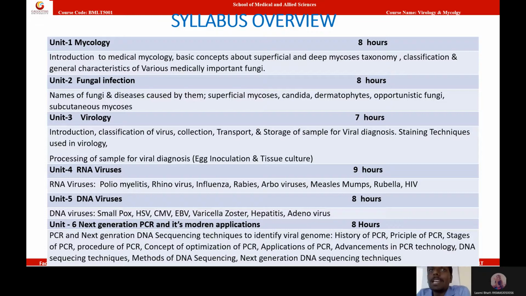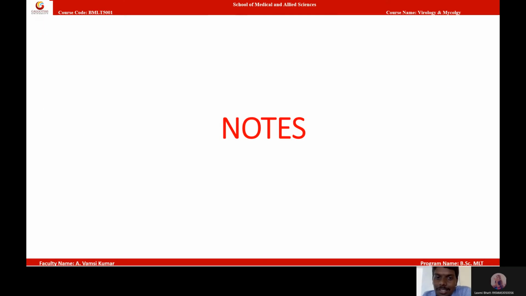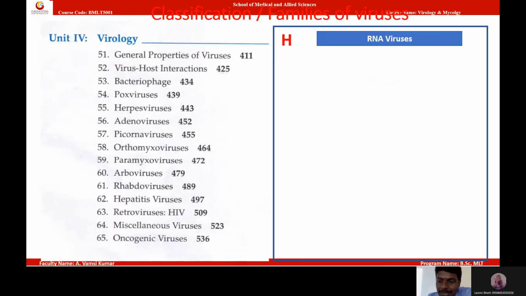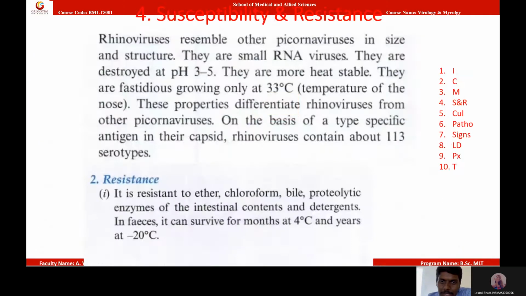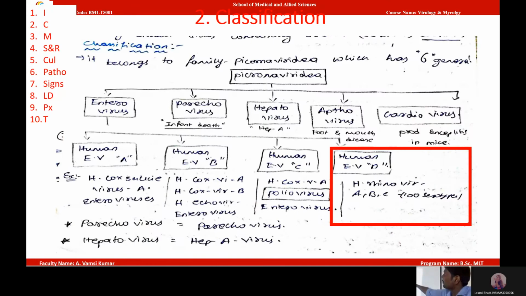Before discussing rhinovirus, can anyone say the family of polio and rhinovirus? Which family does the poliovirus belong to? Picornaviridae. In the Picornaviridae, how many genera do we have? We have 5 genera. In the Picornaviridae, we have enteroviruses, parechoviruses, hepatoviruses, and cardioviruses.